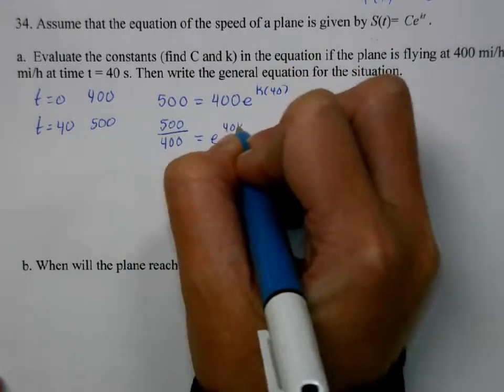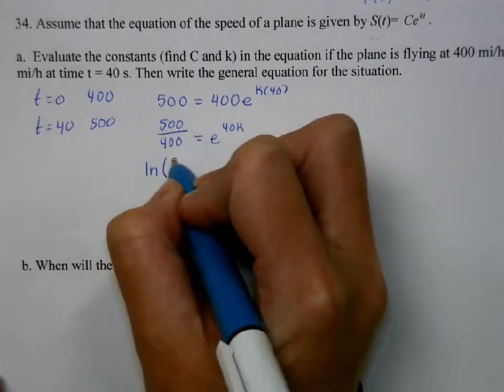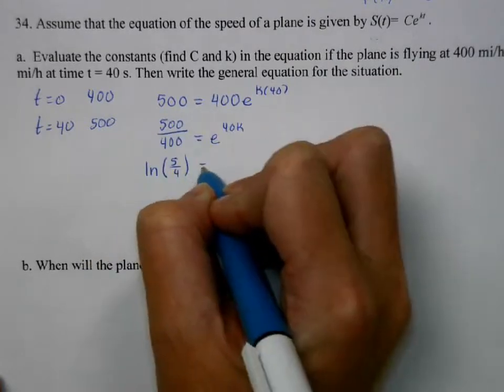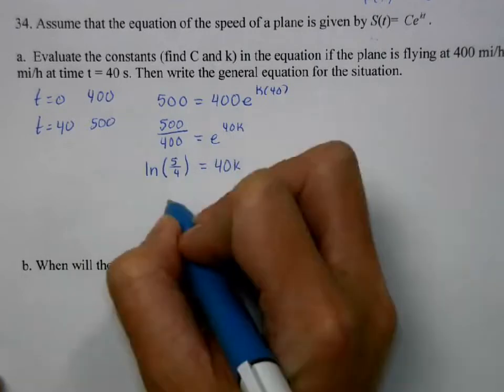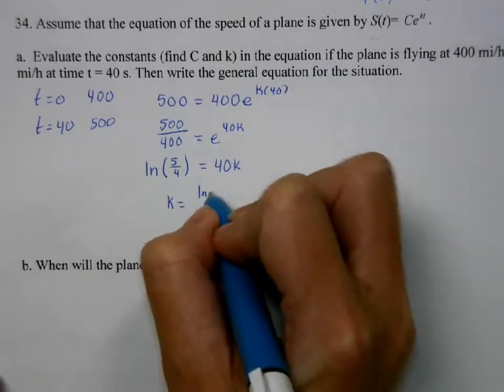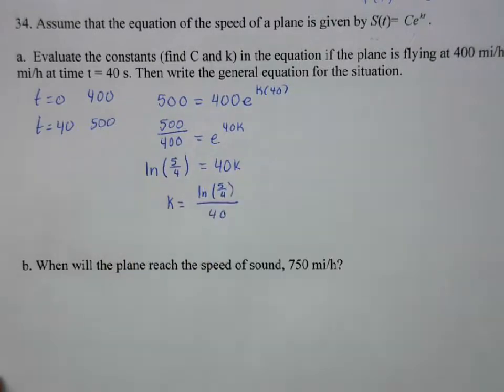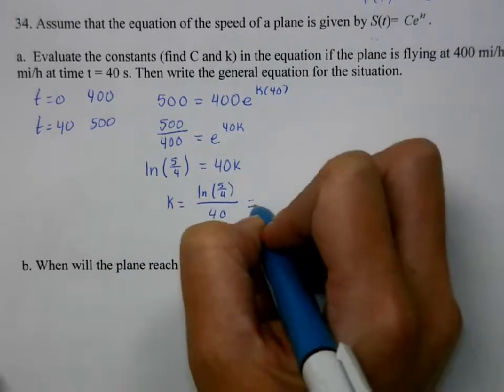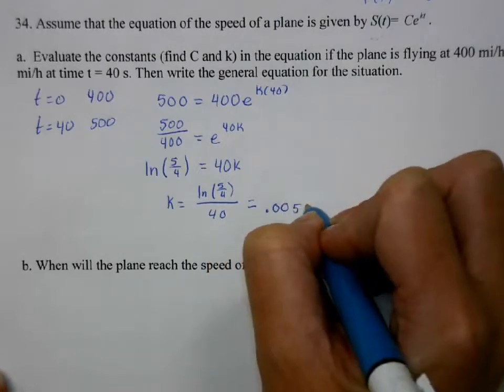Then we'll take the natural log of both sides. So natural log, I'm going to make that just 5/4 equals natural log e to the 40k is 40k. So my k is the natural log of 5 over 4 over 40. So that's going to be 0.00558.